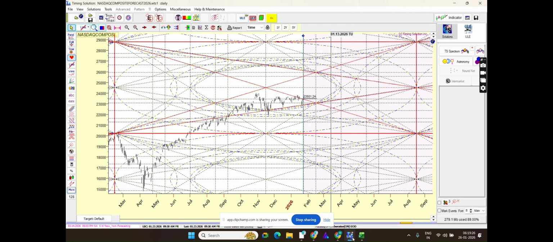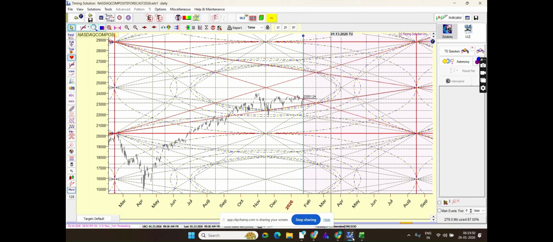Today we are doing an update on the Nasdaq index on the US stock markets. There is a small technical glitch on my side. The forecast settings in the software have been lost by me and I had to redo the forecast.